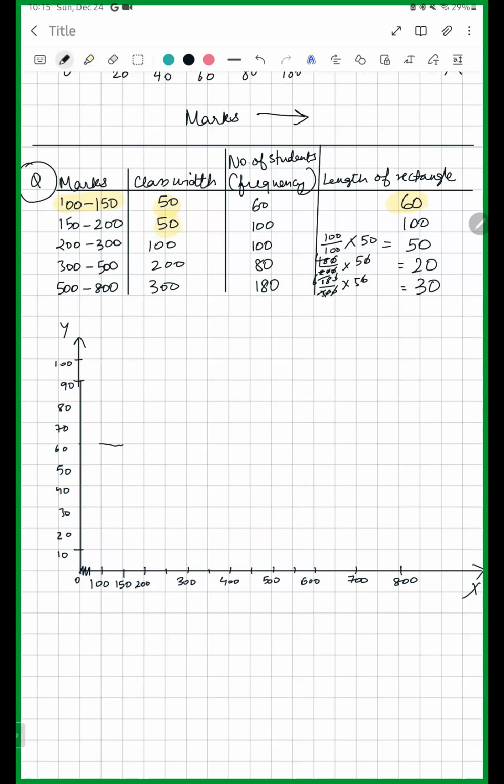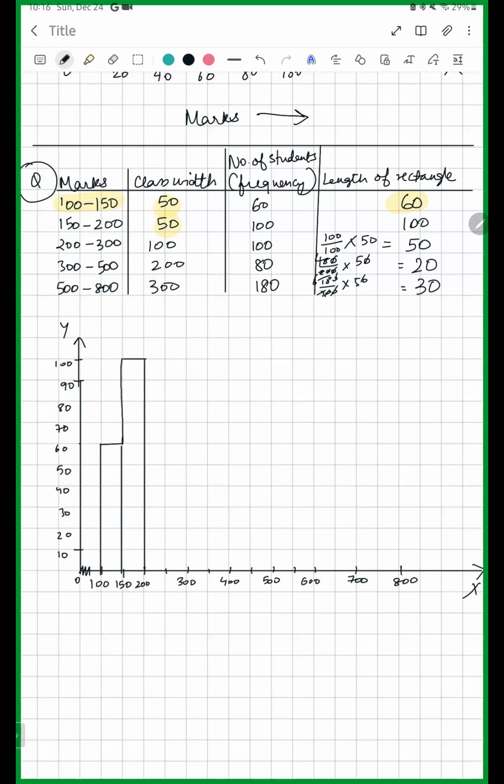So this is our rectangle. Second one, 150 to 200, 100. Mark it at 100. Then 200 to 300, it is 50.